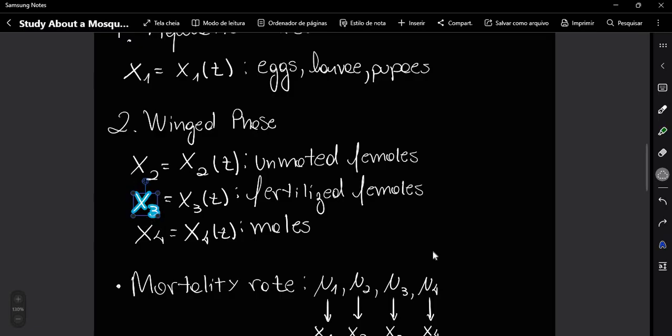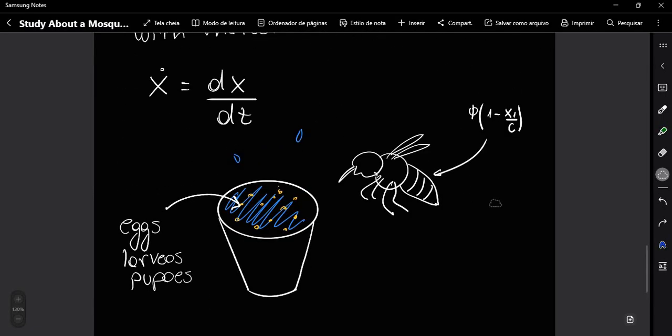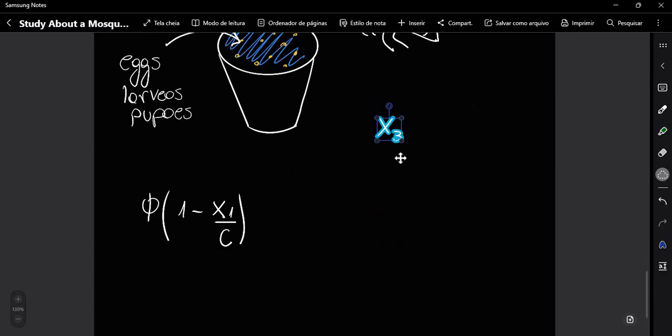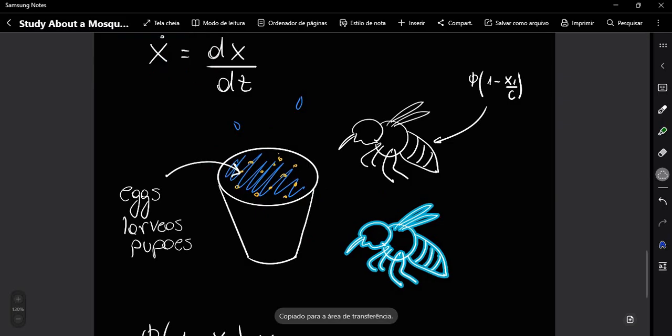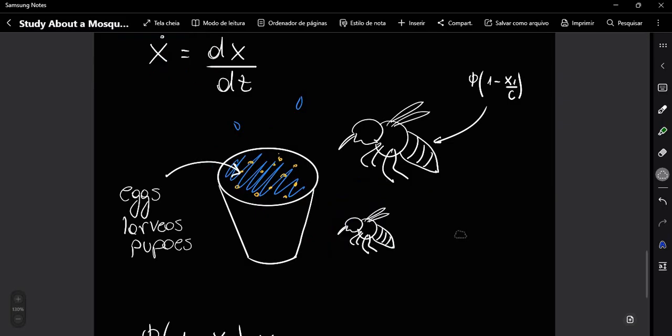So X3 is the variable, because we can have fertilized females and unfertilized females.